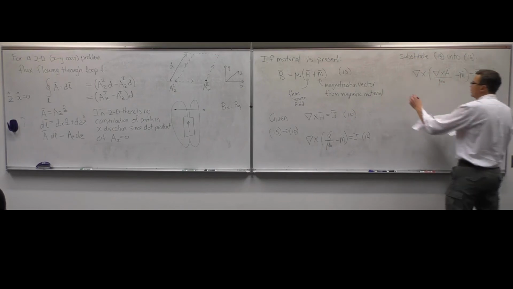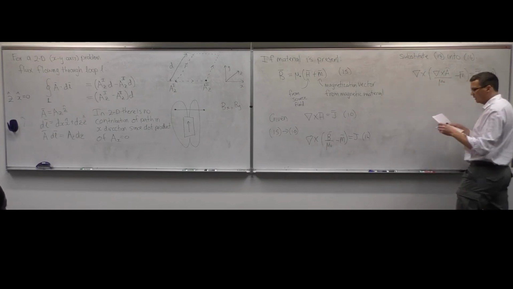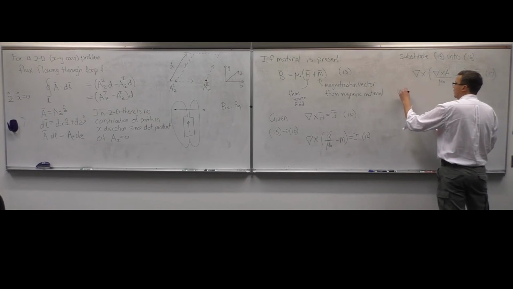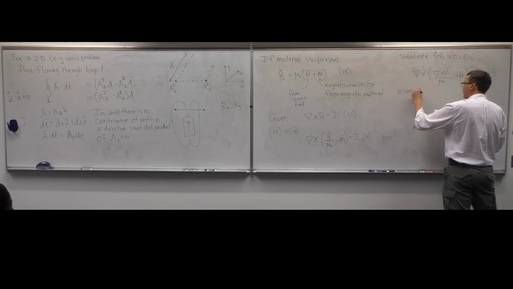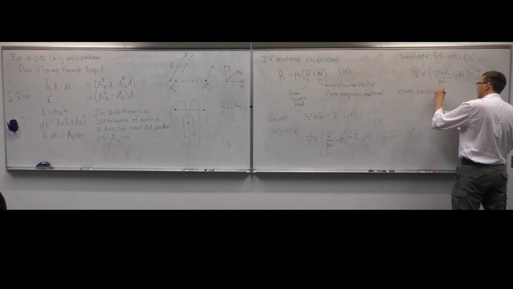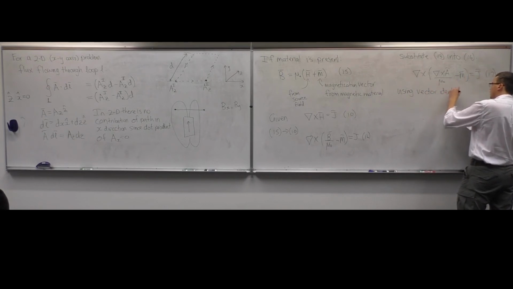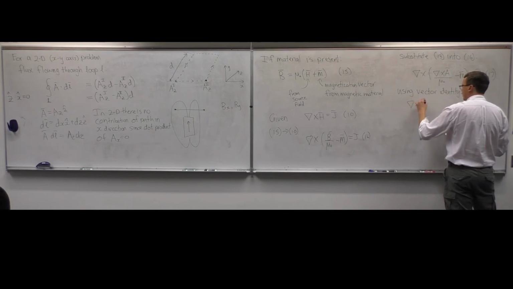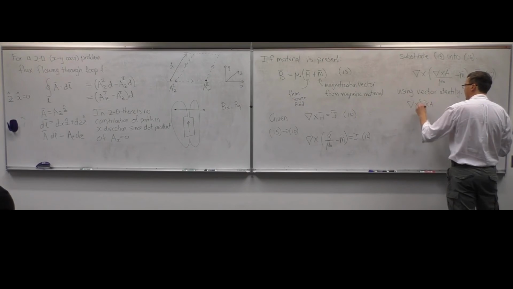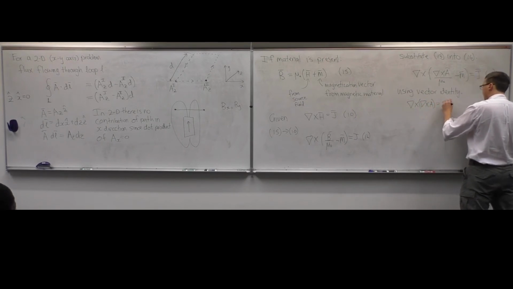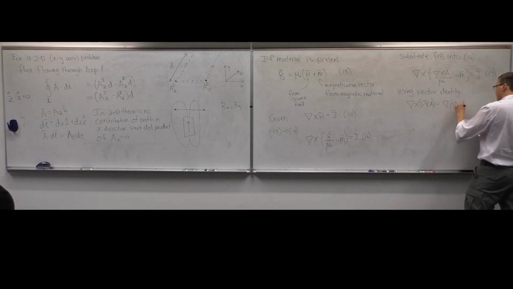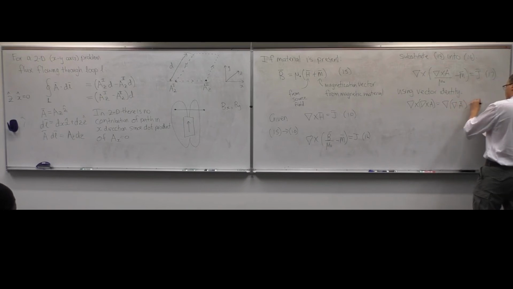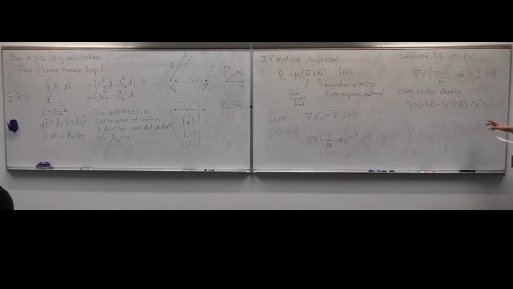So if we look up vector identities, using a vector identity, we can have del cross del cross A is equal to del (del dot A) minus del squared A. That's just a vector identity.